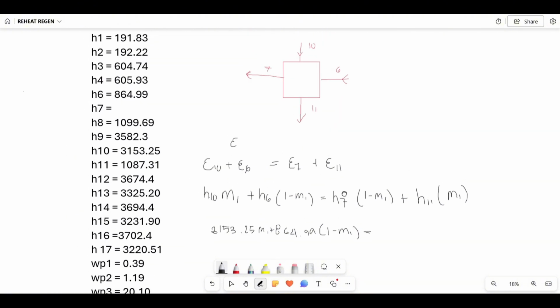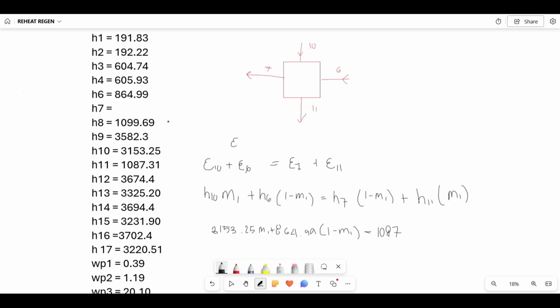So what's H7? In an ideal system, H7 is equal to H11. This is always the case if you have an ideal closed feed water heater. Therefore, H11 is 0.87.